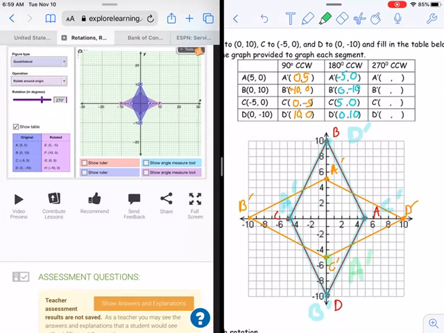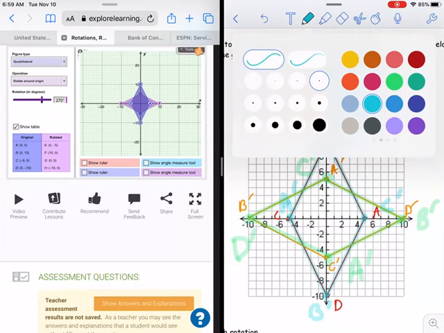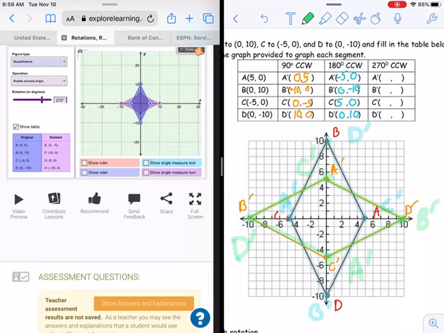That's A prime. Then B prime is going to be here, so on and so forth. Look how beautiful this looks. All right, and then let's knock out this table. 0, negative 5, 10, 0, 0, 5, and negative 10, 0.